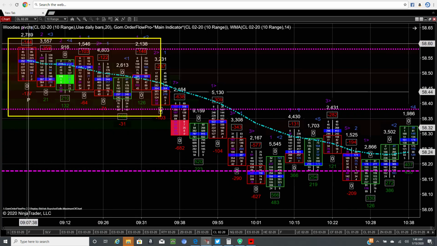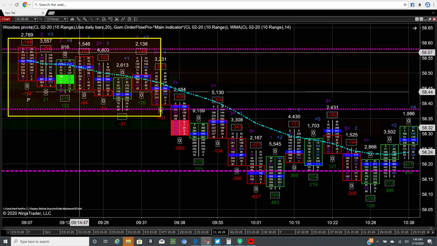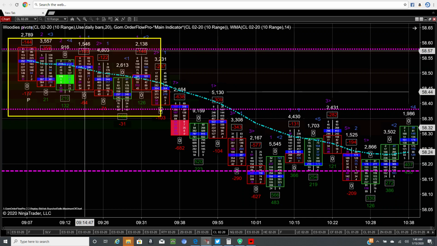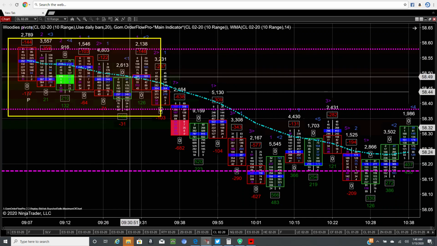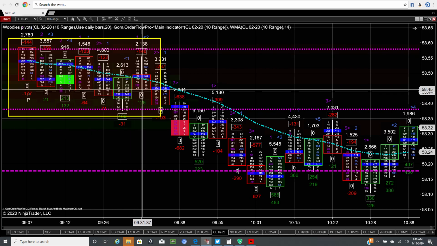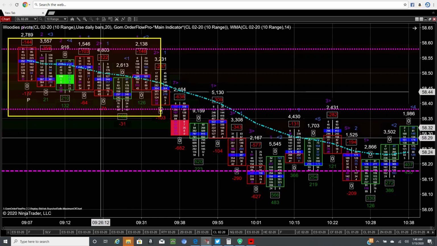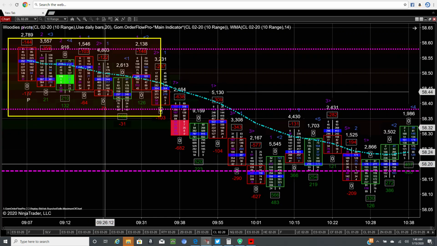I want you to take away the tape reading with the pressure, and I want you to take away the fact that you can measure based upon everything that went on inside this area where all this pressure was. You can get a measurement as to the potential of where we could come down to and how that could play out during the course of the day.